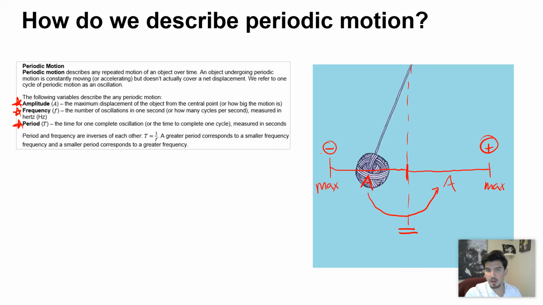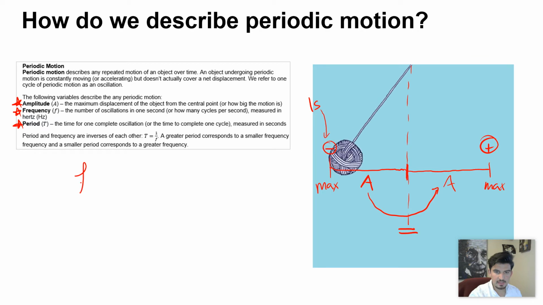Frequency is a word you've probably heard before. Frequency measures how many times it goes back and forth to where it started per second. Okay, so let's say I set a stopwatch and I watched it go from its maximum point here. This is where we start, and I start my stopwatch, it goes to the other side, and then it comes back, and I stop it. And let's say it does that in 1 second.